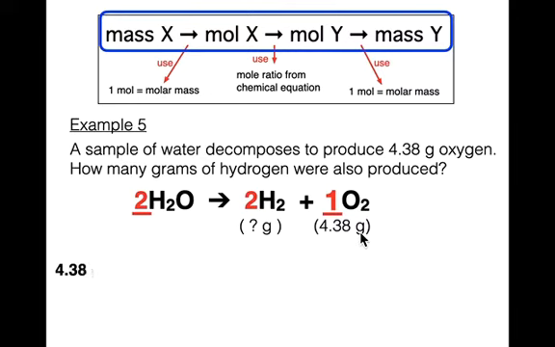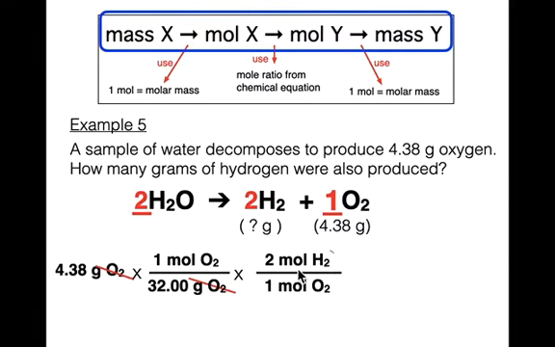So start with the mass you're given, the 4.38 grams of oxygen. Multiply it times our conversion factor. 1 mole of oxygen is 32.00 grams. And then we want to use the mole ratio from the balanced chemical equation to convert from moles of oxygen to moles of hydrogen. 1 mole of oxygen, 2 moles of hydrogen.